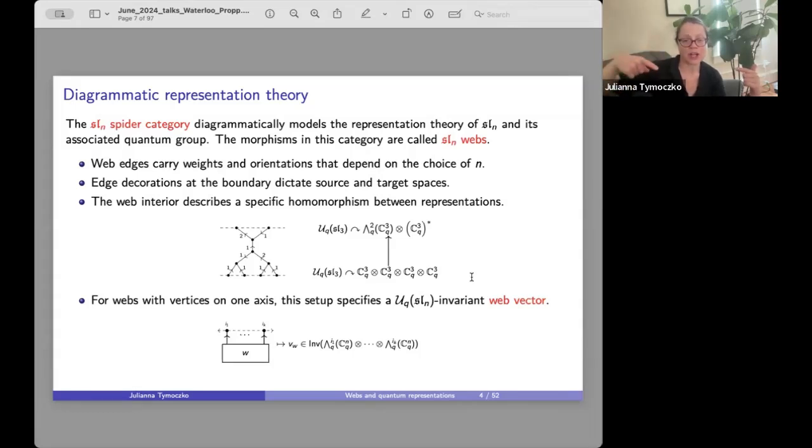So this is a web vector that is invariant under the action of the quantum group for SLN. These two different ways of thinking about it, either as a morphism or an invariant vector, are on some level algebraically equivalent. You can take one of the boundaries and slide it up, and that involves thinking about either a homomorphism or a dual object.